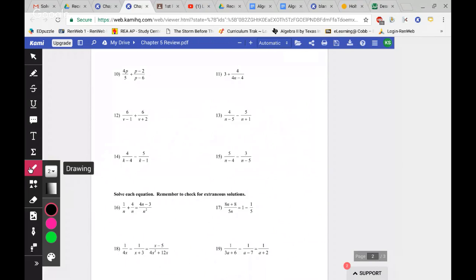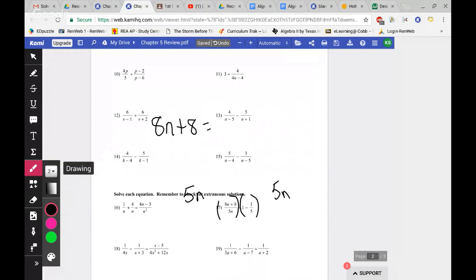Okay. So they have said that the least common multiple, or the greatest common denominator, or least common multiple, either one, is 5n. So you'll multiply both sides by 5n. And 5n goes into 5n one time, and 1 times 8n plus 8 is 8n plus 8 equals.